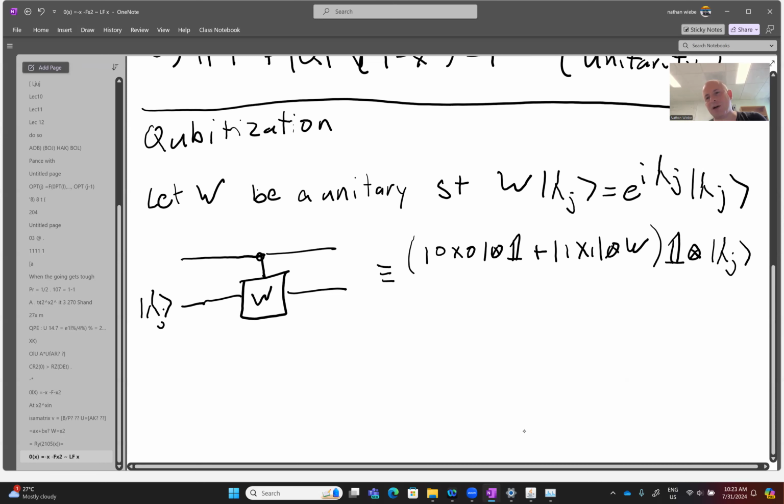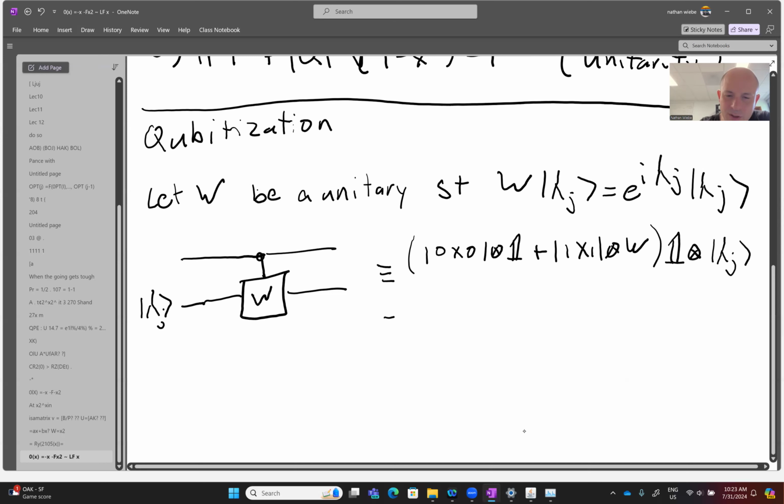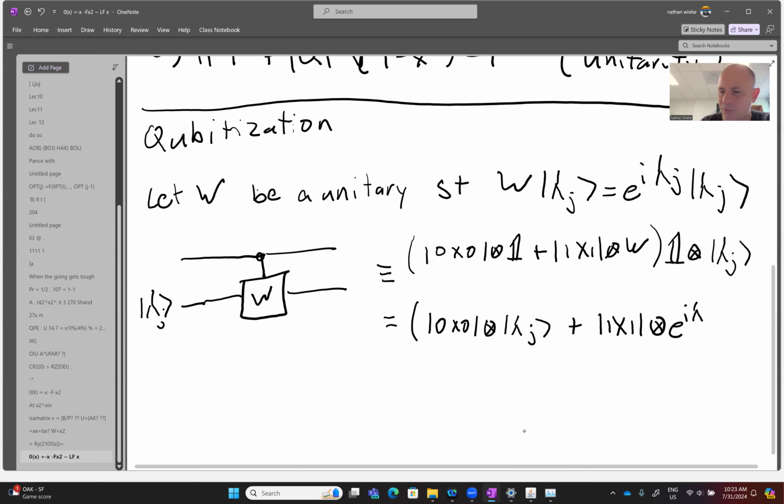Here I'm using block encoding notation in a way that lets me only partially evaluate the unitary transformation on the lambda j. If we use this, then what we end up getting is |0><0| tensor lambda j plus |1><1| tensor e to the i lambda j.